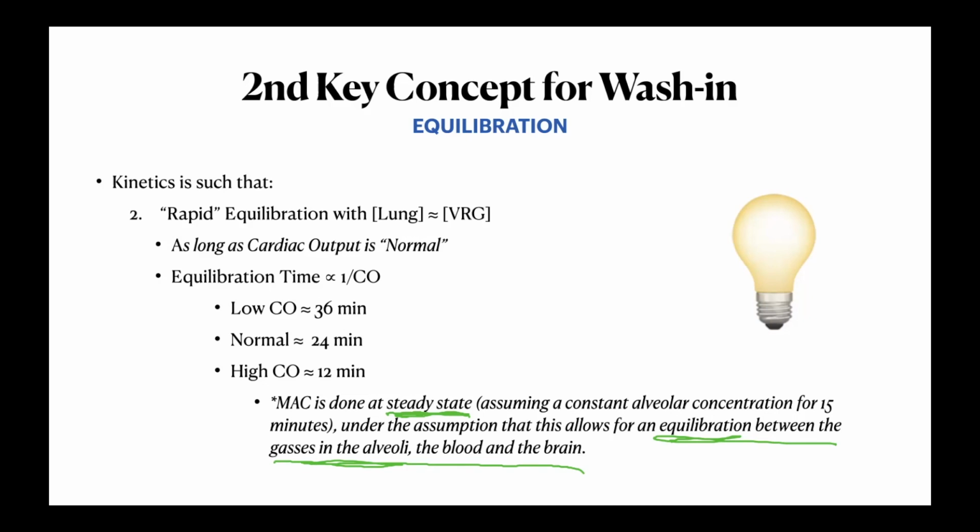So someone with a low cardiac output is going to take much longer to equilibrate. Someone with a high cardiac output is going to be a lot faster to equilibrate. And the idea of MAC is that it's done at steady state. So we're assuming a constant alveolar concentration for 15 minutes under the assumption that this allows for equilibration between the gases in the alveoli, the blood, and the brain.